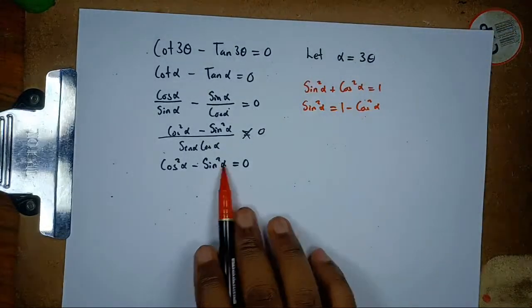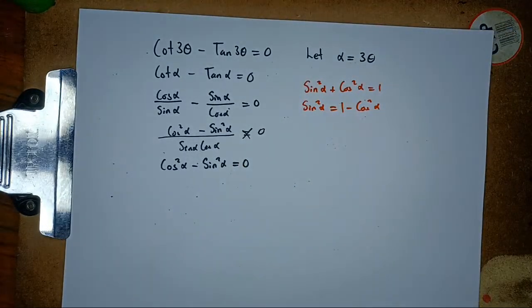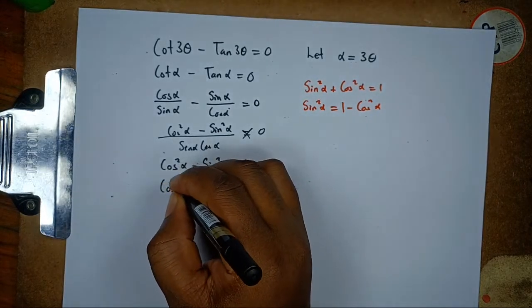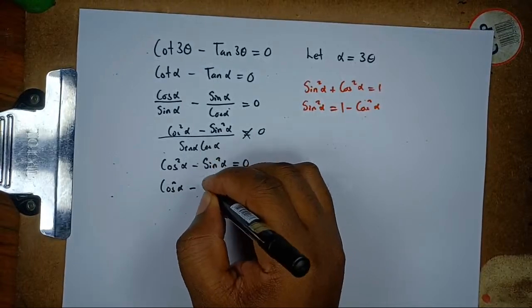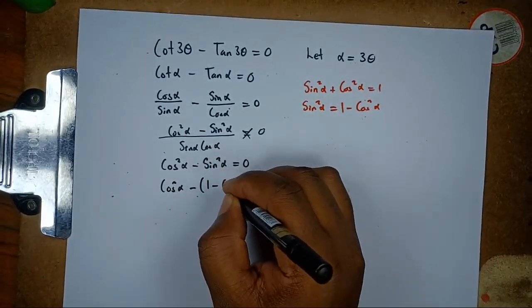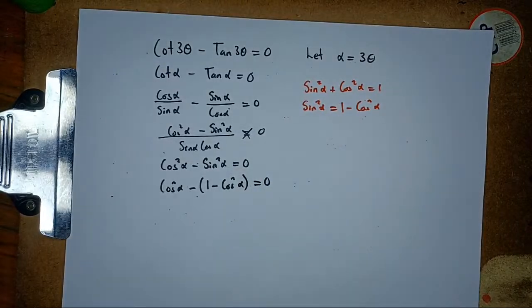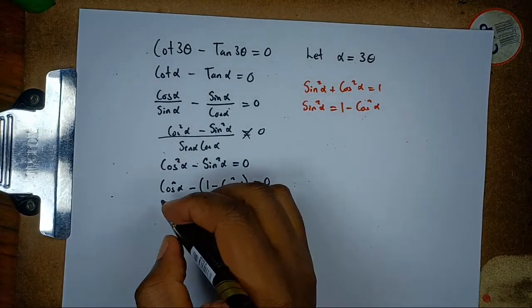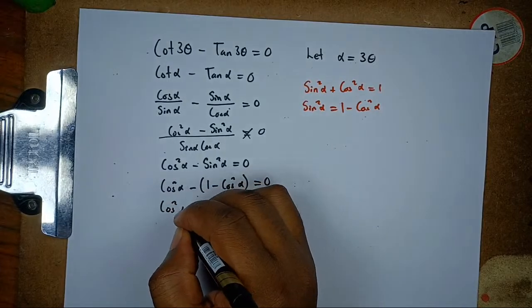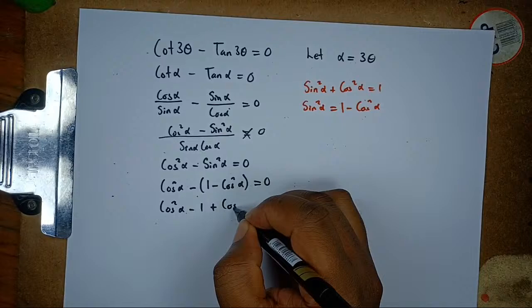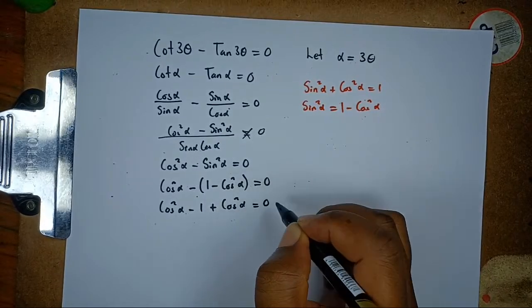So here where there's sine square, I'll replace it with 1 minus cos square. What do we get? We'll have cos square alpha minus, this will give us 1 minus cos square alpha. This is equal to 0, like that. So now this can become cos square alpha minus 1 plus cos square alpha, which is also 0.